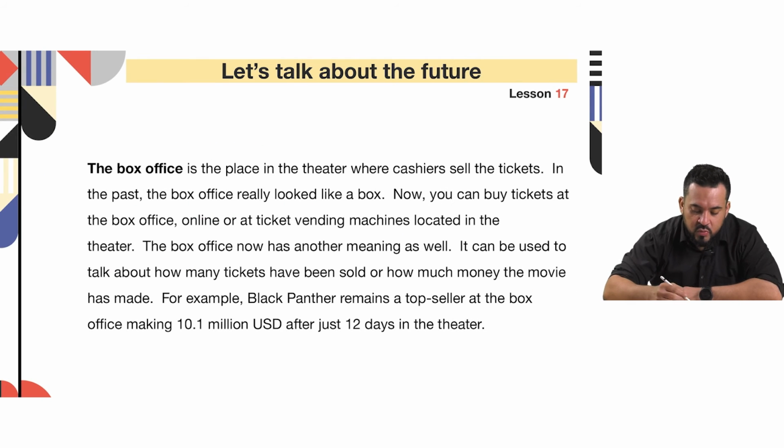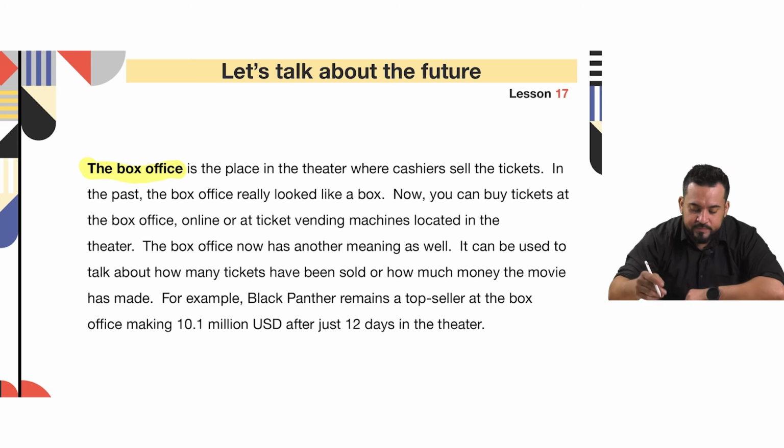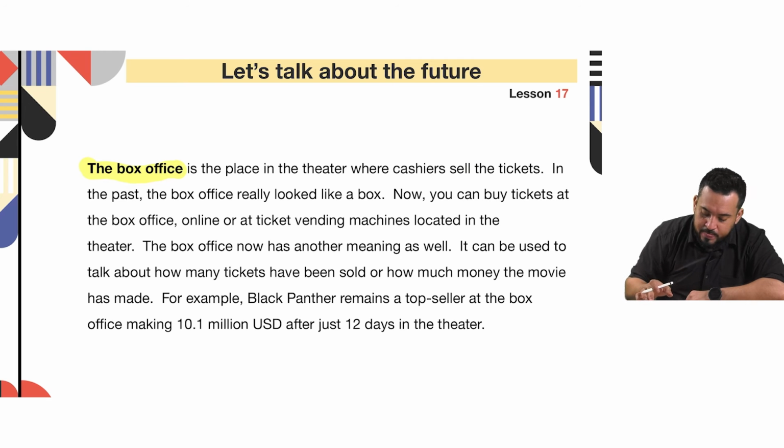Box office. What is the box office? Box office is the place in the theater where cashiers sell the tickets. Okay, the box office is where you buy your tickets. Box office now has another meaning as well.